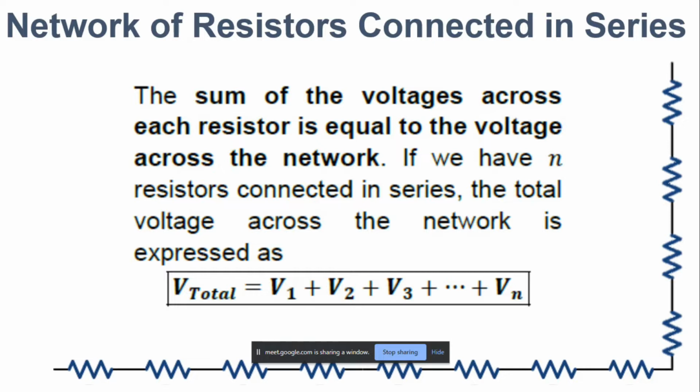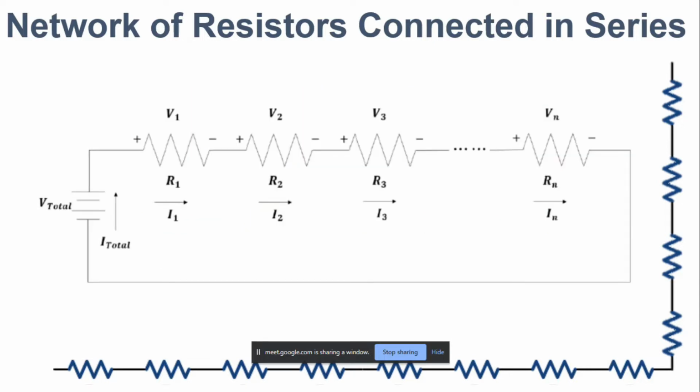We have also to consider that given our resistors connected in series, each voltage drop across a resistor is different from the other resistors. Kung ano po yung value ni V sub 1 is different from the value of your V sub 2, V sub 3, and so on and so forth. Ayan ha.